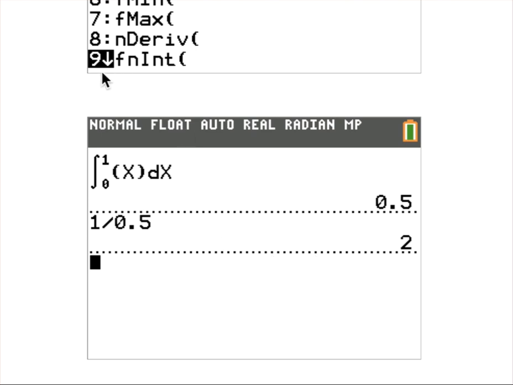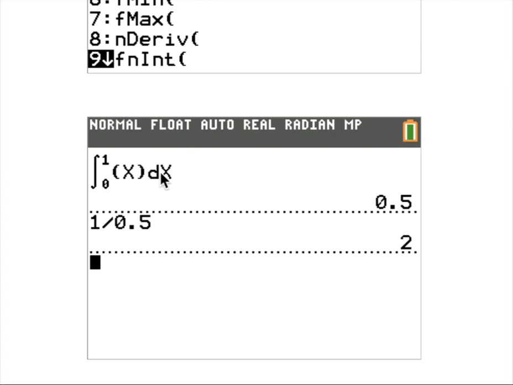When you select this integration menu option, you're going to get a wizard that looks like this integral sign, with blank spaces for the lower and upper endpoints, for the function, and also for the variable of integration. What you need to do is enter the lower and upper endpoints of the integration, and also plug in the function, which in this case was just x.